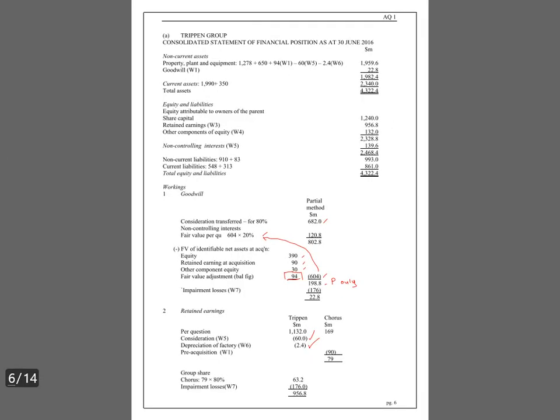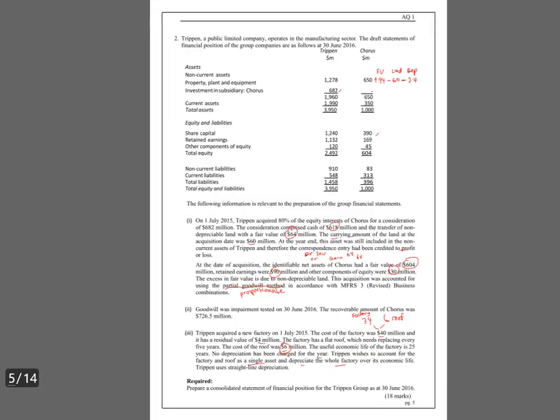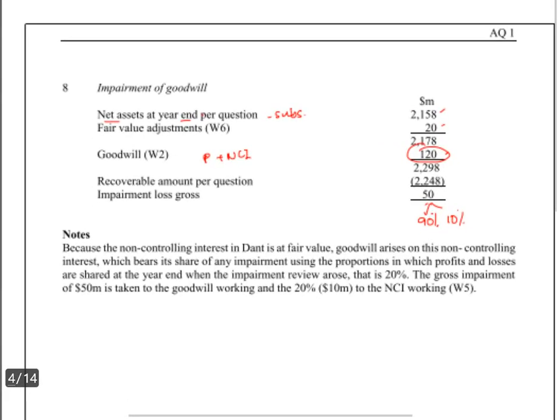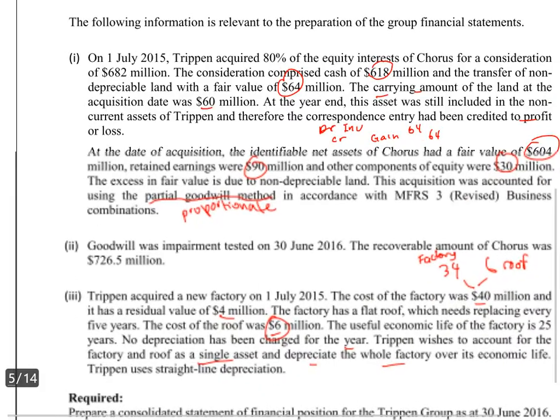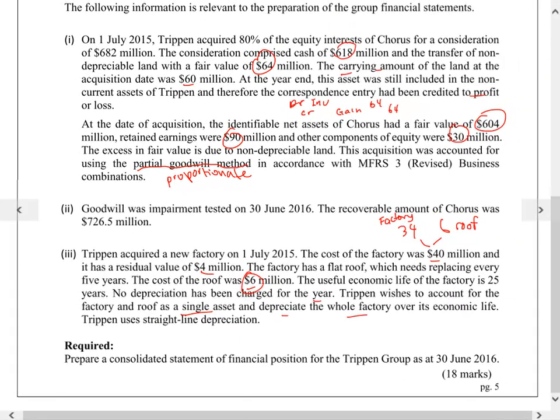But now, let's see the working here. Proportionate. Goodwill has been impairment tested and the recoverable amount is 726.